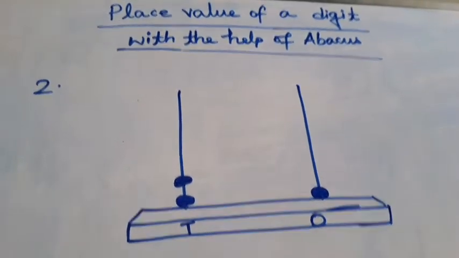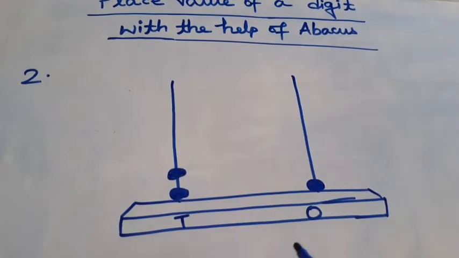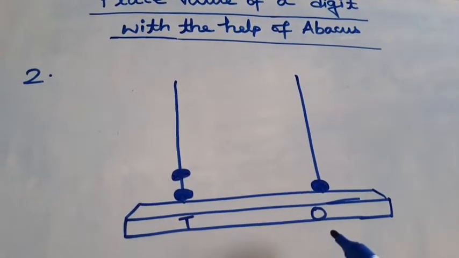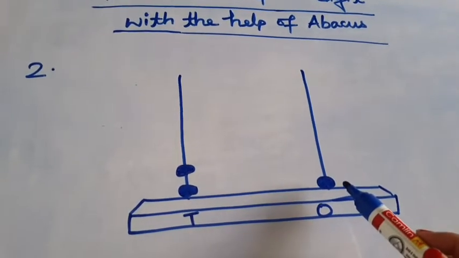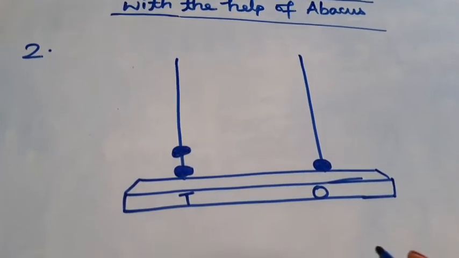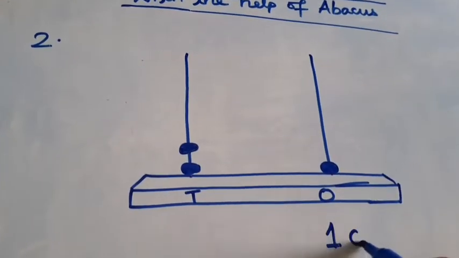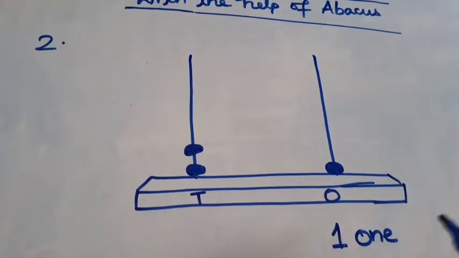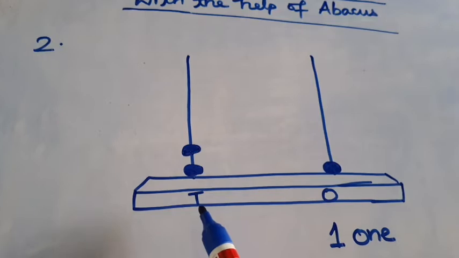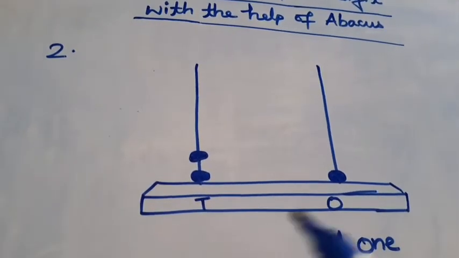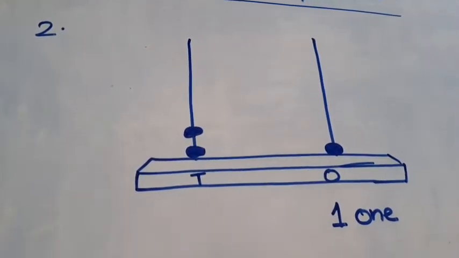Now see this abacus, the second example. In the ones vertical rod, or the ones column, only one bead is there. So we will write 1. And in the tens column, or the tens vertical rod, you can see there are 2 beads.